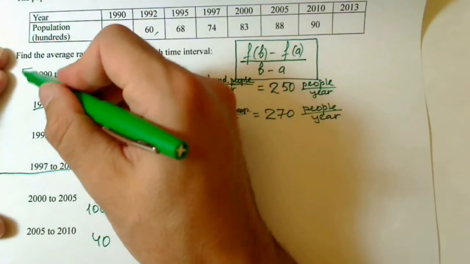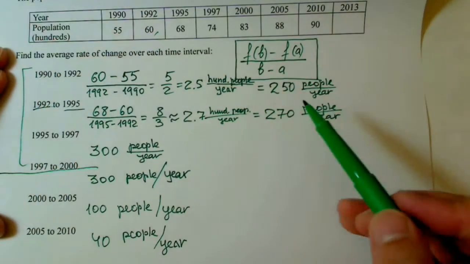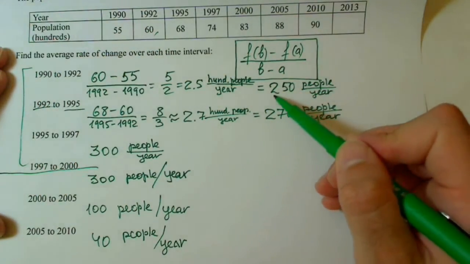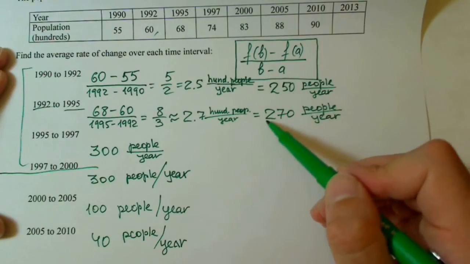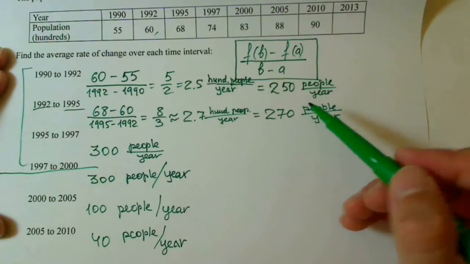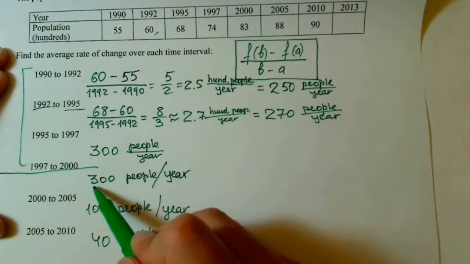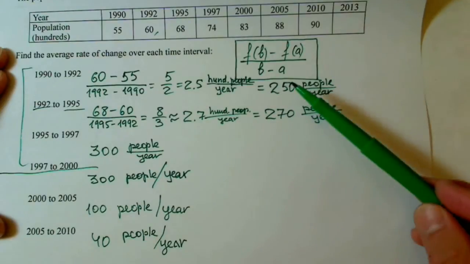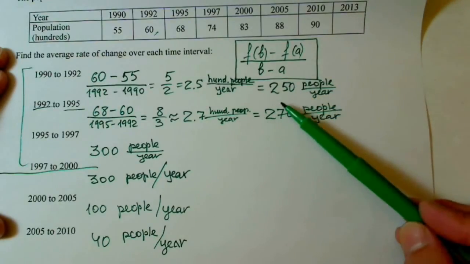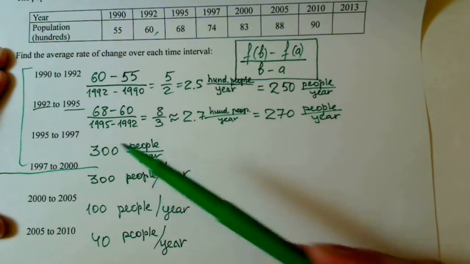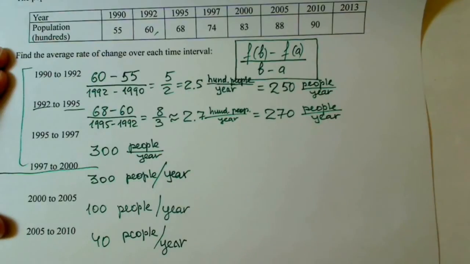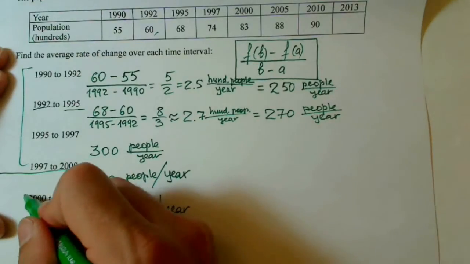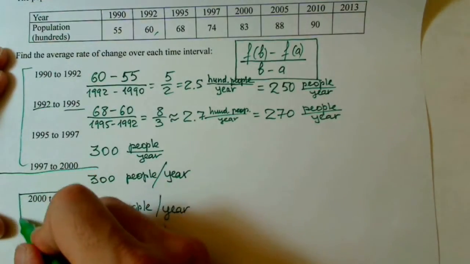We see that our population is increasing by 250, but next by 270 people a year, next by 300, and 300 again. It means our population was increasing, and increasing faster and faster, or you can say it's increasing with an increasing rate.